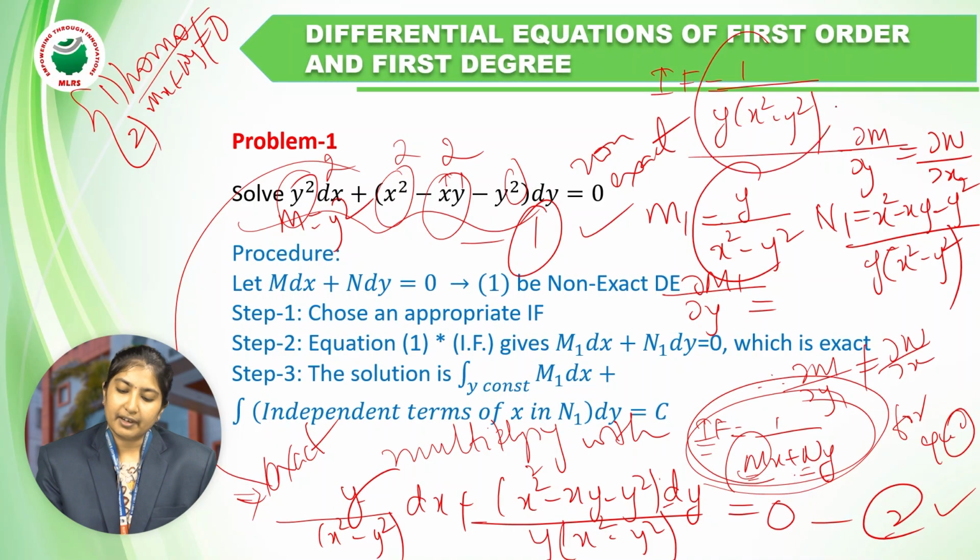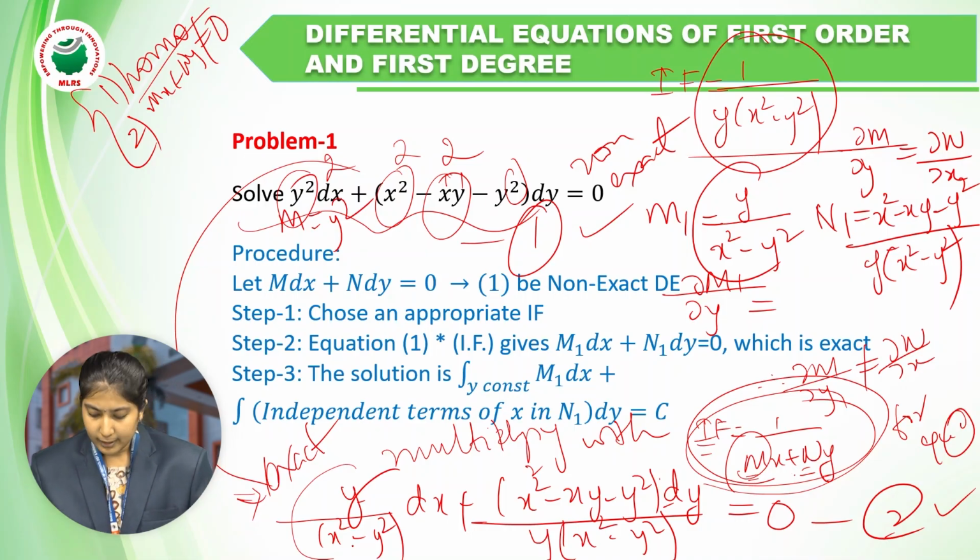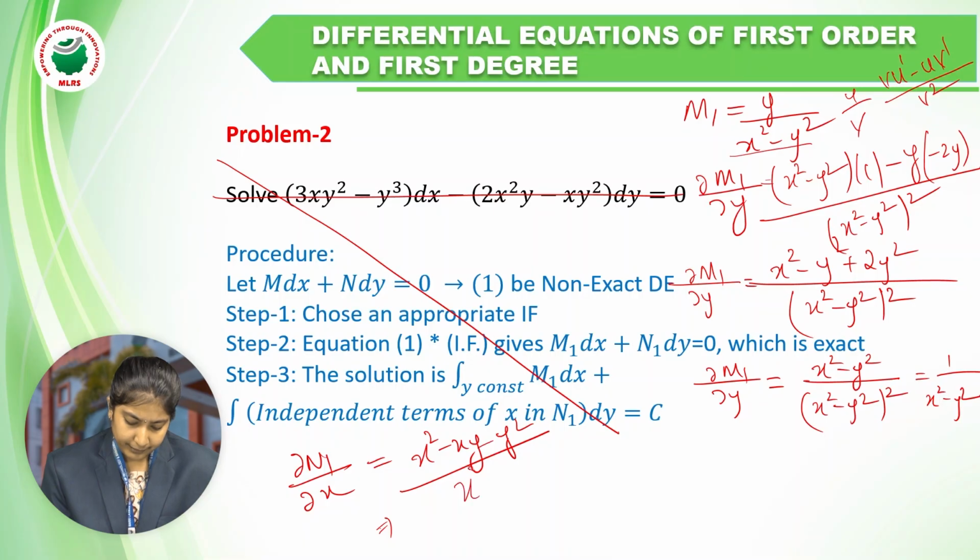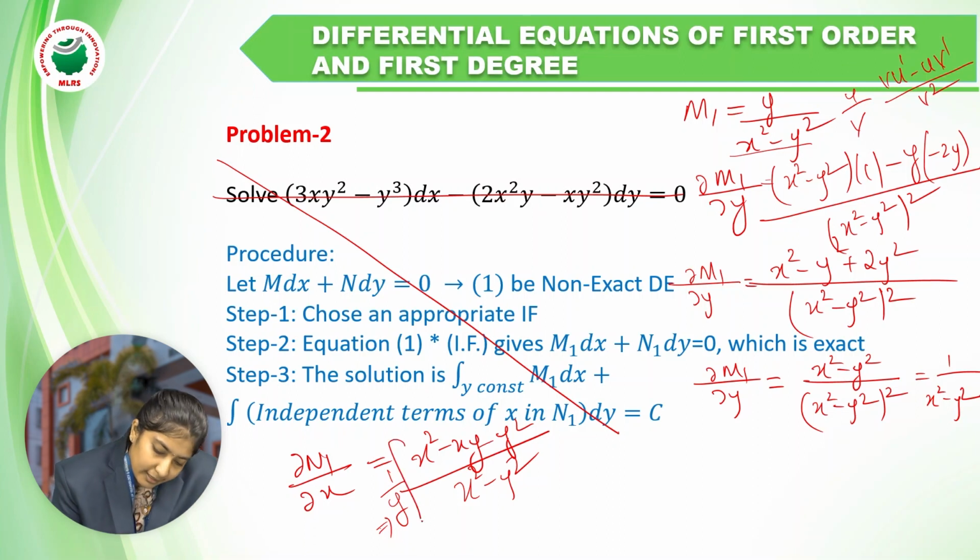See, my integrating factor is 1 by y into (x square minus y square). While multiplying with the equation, I have already cancelled here, so I was searching where the y was. No issues, we can directly take it. So (x square minus xy minus y square) by (x square minus y square) is my N value, no? Anyways, 1 by y will be thrown out because it is a constant.